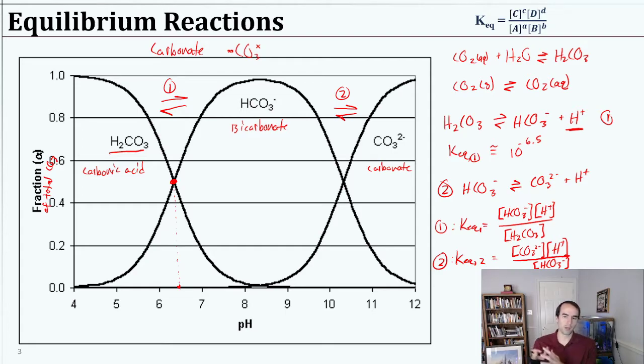If we assume we have a closed system, where we're not exchanging CO2 gas with the atmosphere, then there's going to be a constant total amount of carbonate in the system, regardless of where we push the pH. So that concept of the total amount in a closed system is very important.